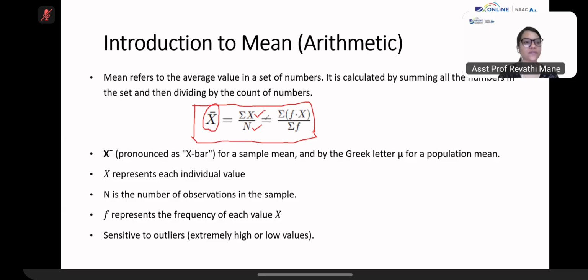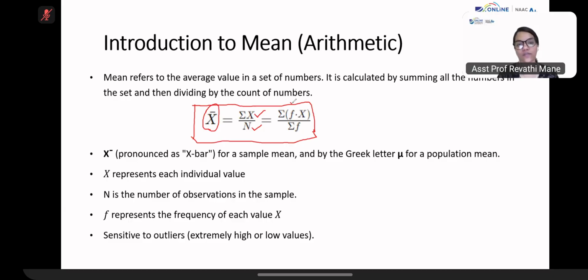Summation of x means addition of all the numbers given in the set, and n is the number of items or the count of numbers in the given set. So this is how you calculate the mean. And this formula you will use when you are calculating it for the discrete data set.